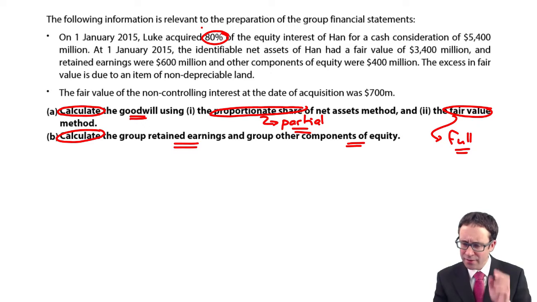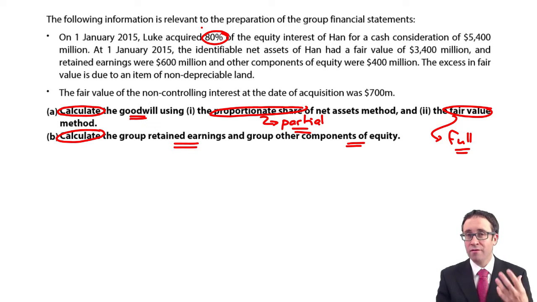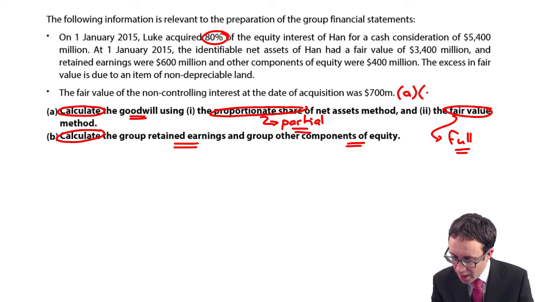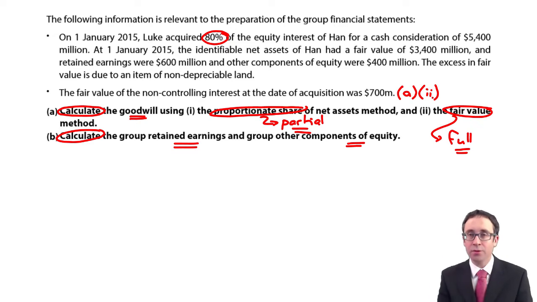The net assets had a fair value of 3,400, and the retained earnings were 600, and other components of equity were 400. And then we're told that there's a fair value adjustment which is due to land. And then in the second point, the fair value of the NCI. So that's going to be useful for A, part 2.